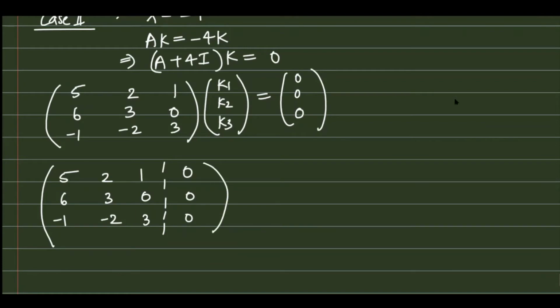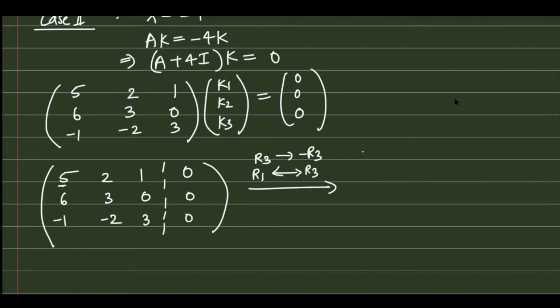For simplicity, you can see that the first element here is 5, so we have to make it 1. But in the third row we can see that we have minus 1. So the operation which we can do here is, first we multiply R3 with minus 1 and then we interchange the first row and the third row, that is, we interchange R1 and R3.